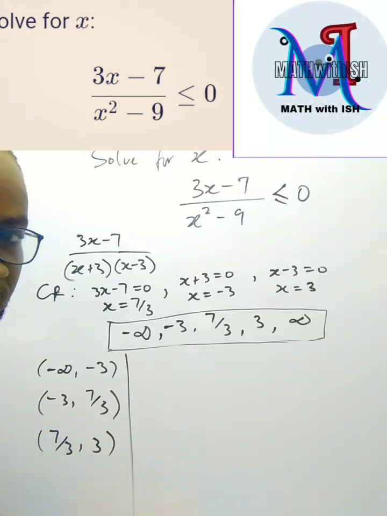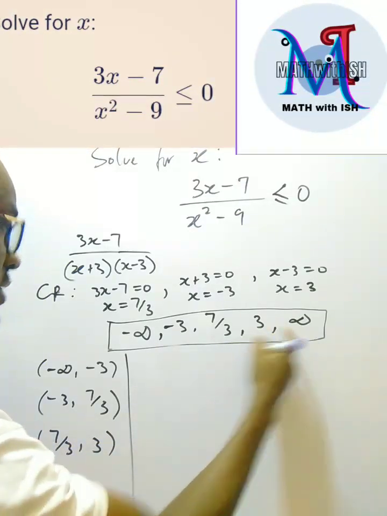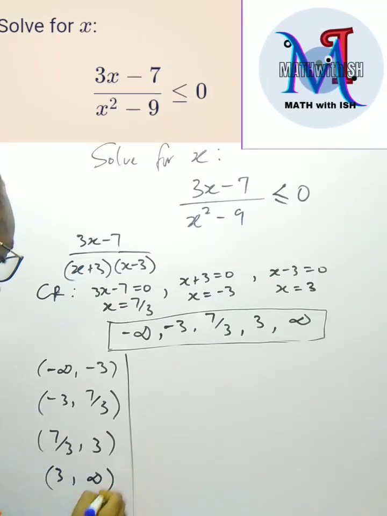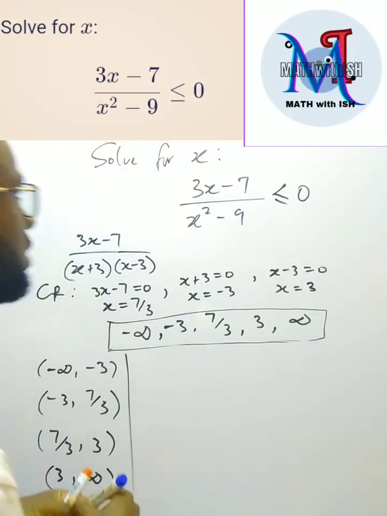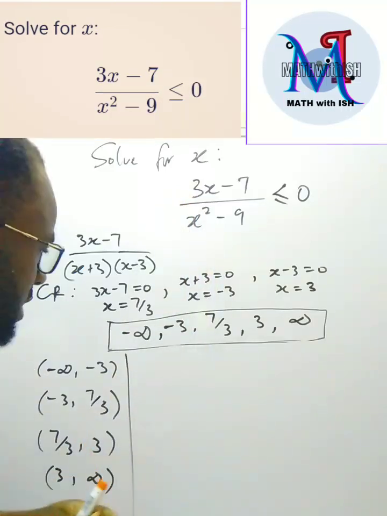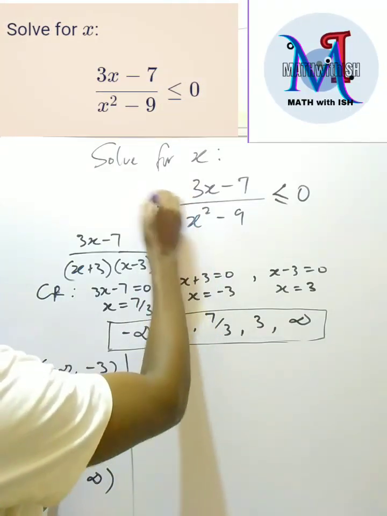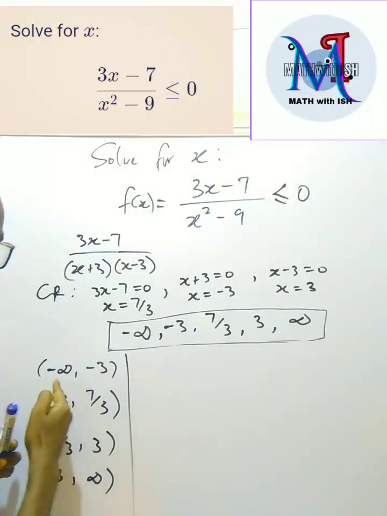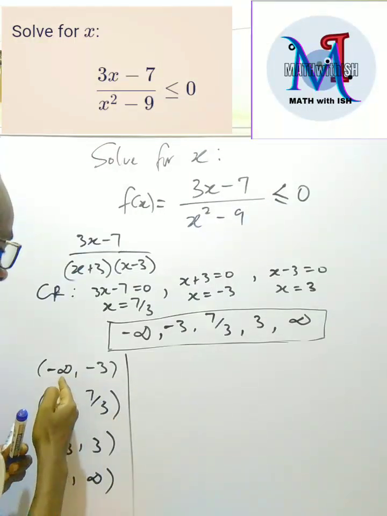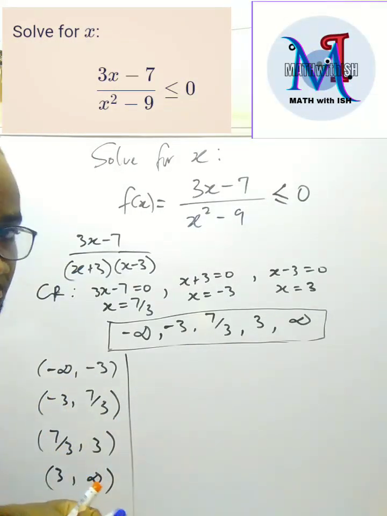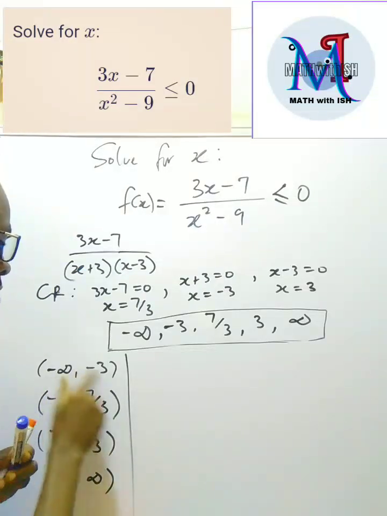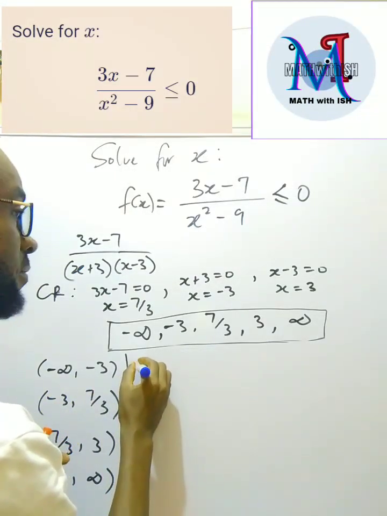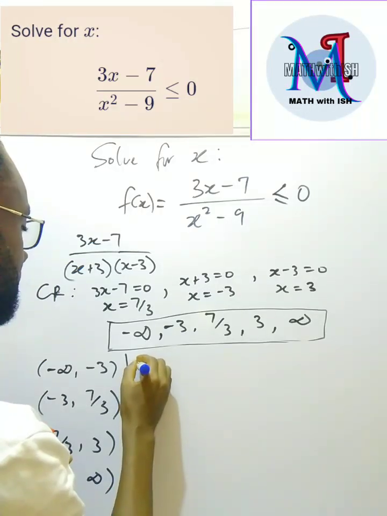And the last is 3 and infinity. We are going to test them by putting values inside this function, so let's assume that this function is our f of x. If I choose any number that falls within minus infinity and minus 3, let me take minus 4 for instance.